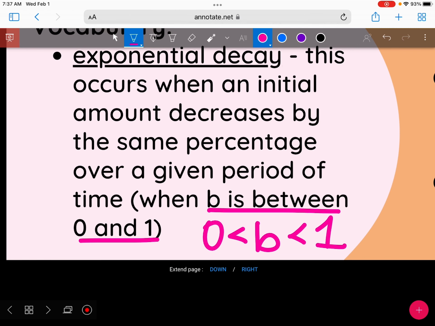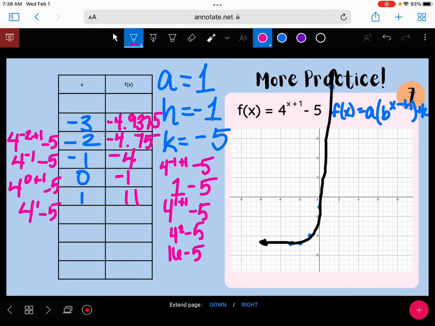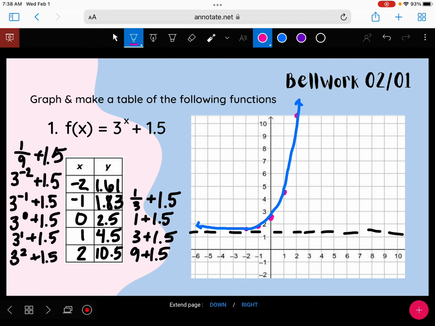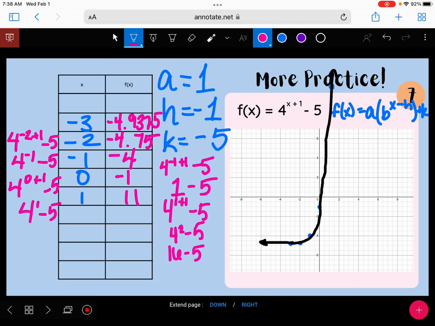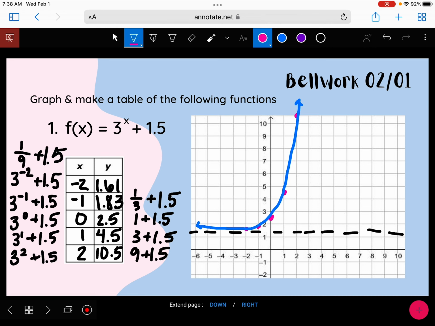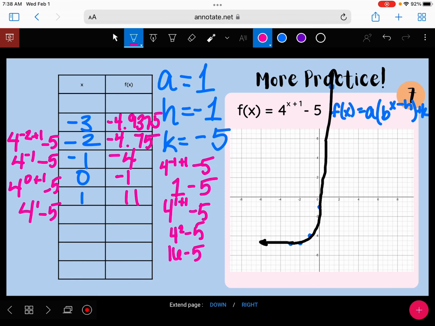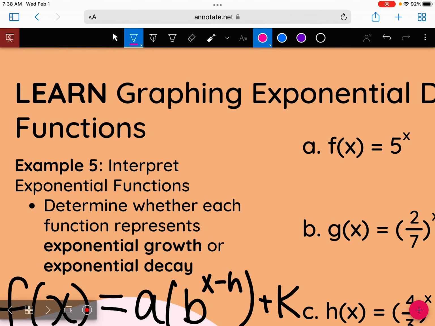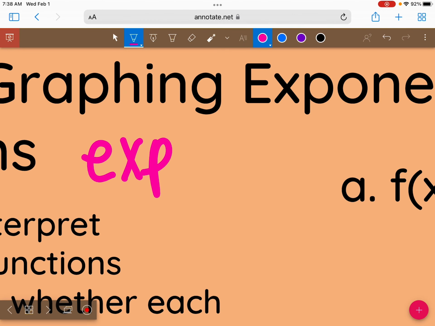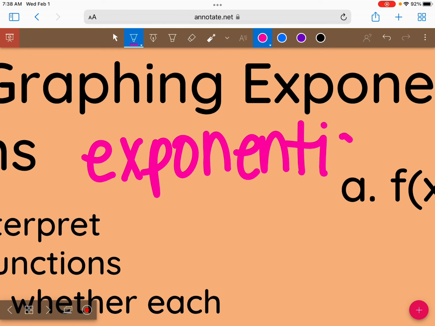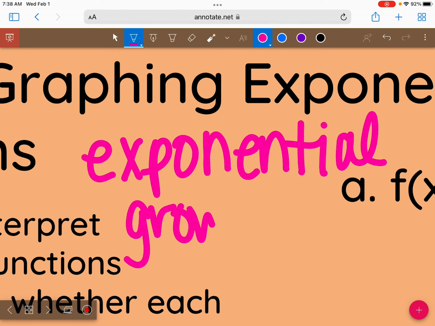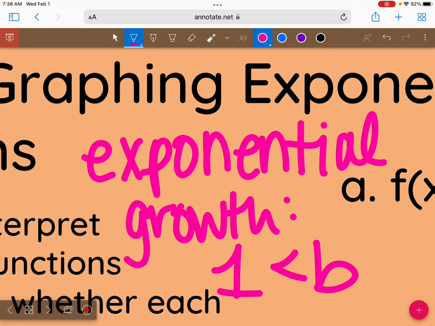What do you notice about our b values in our practice we just did and our bell work? Yeah, they have to be greater than 1. So for exponential growth, b is greater than 1, okay?